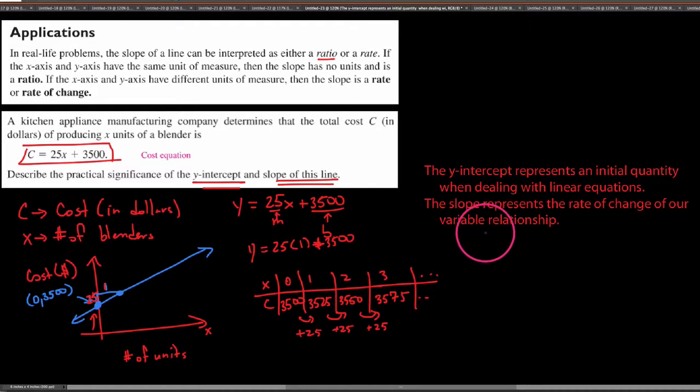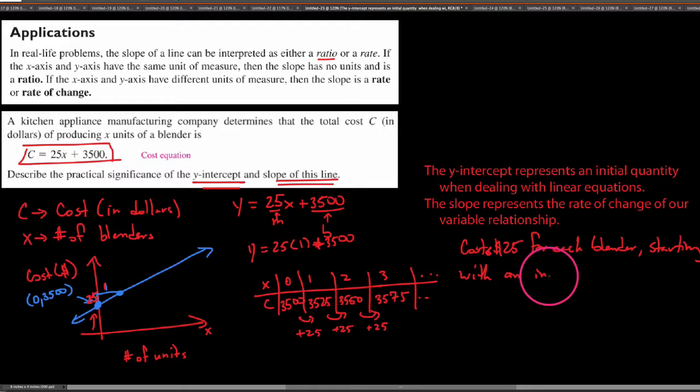But in this specific case, it tells us that it costs $25 for each blender, starting with an initial cost of $3,500. So our y-intercept is our initial amount, and then the slope tells us how fast our amounts are changing as a rate.